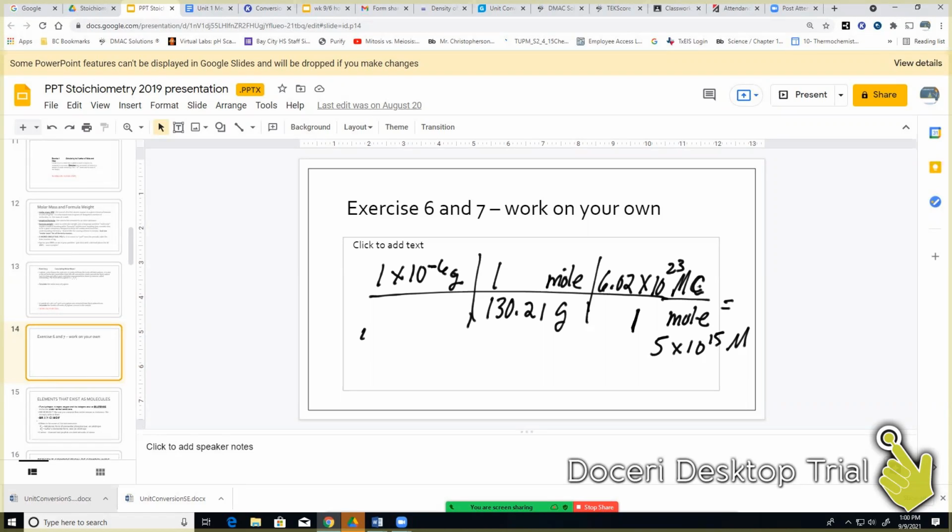So in your calculator, you've got something like that, 4.6 times 10 to the 15th.